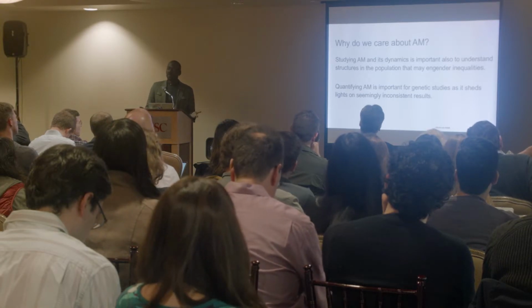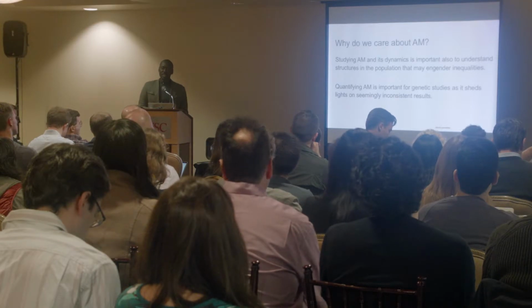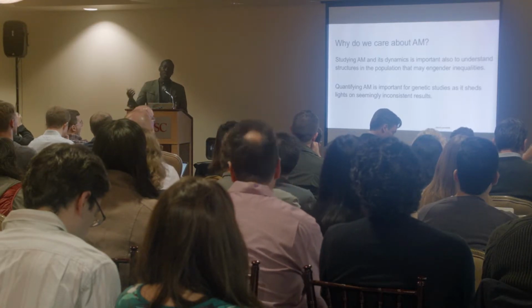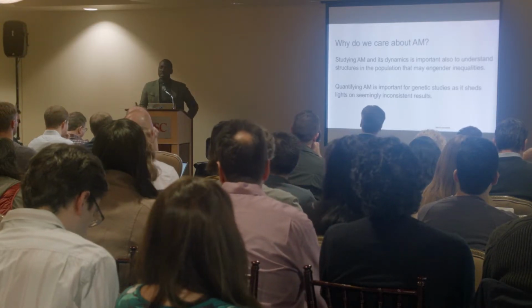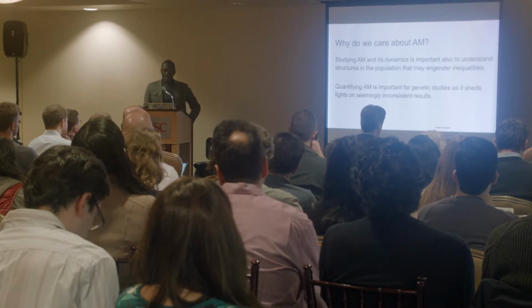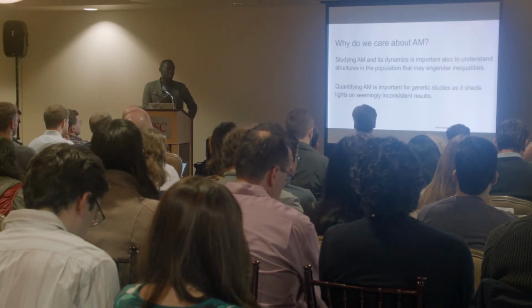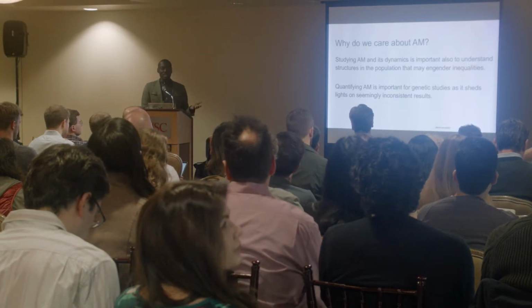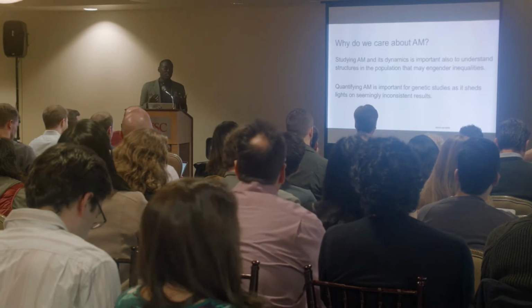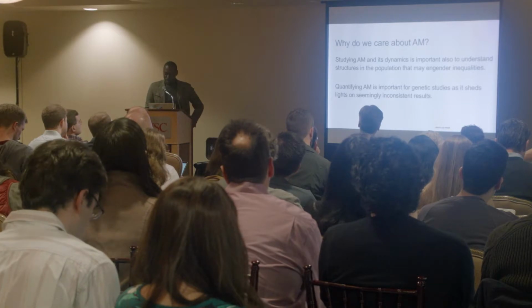If there is assortative mating on education, we can think about how that will lead to inequalities in revenues, for example. But also, quantifying assortative mating is important for genetic studies per se, because that sheds light on some seemingly inconsistent results, and Alex spoke about some of them before.